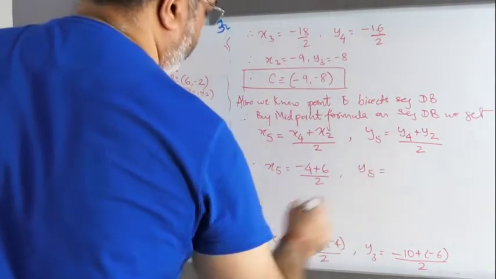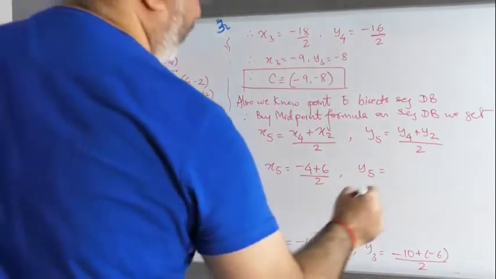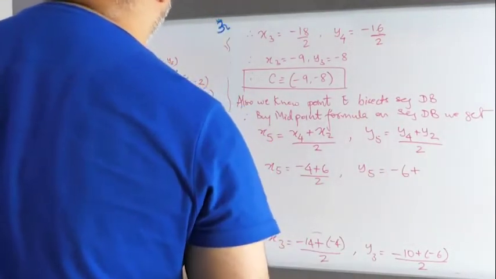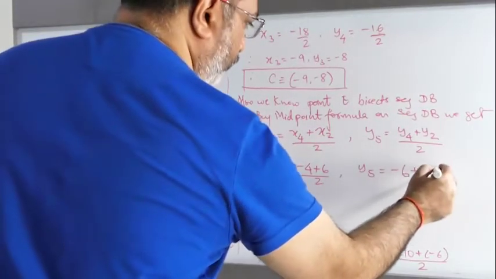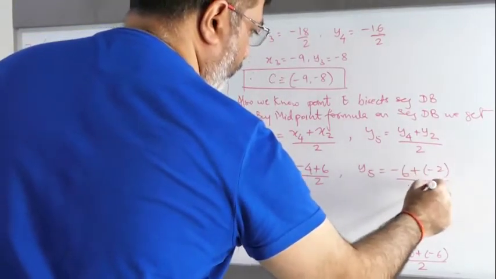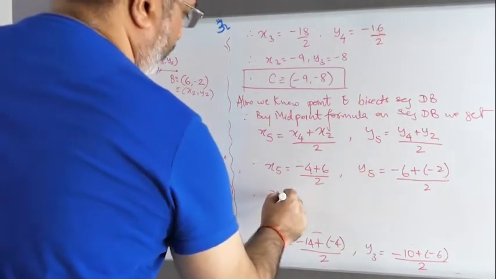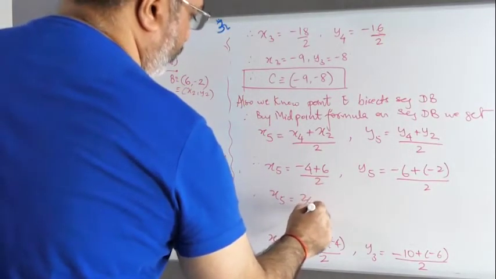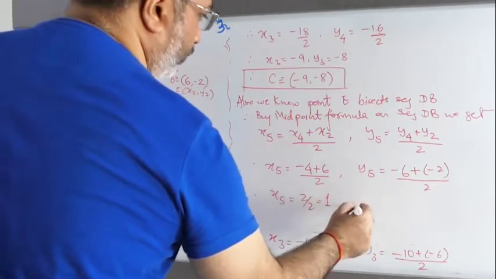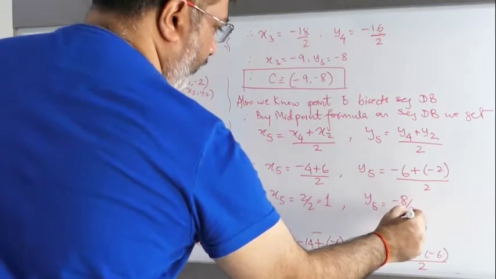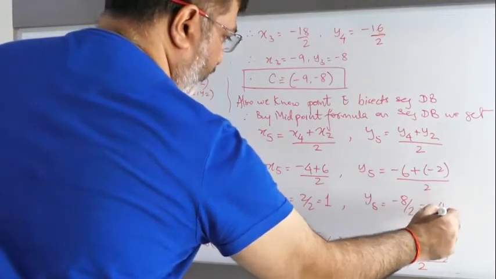y5 is going to be, what is y4? Minus 6 plus what is y2? Minus 2 upon 2. And therefore, x5 is 2 upon 2, which is 1. y5 is minus 8 upon 2, which is minus 4.